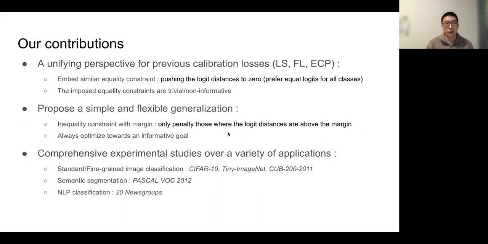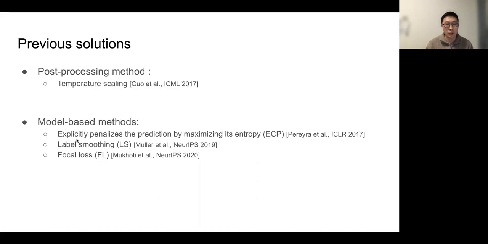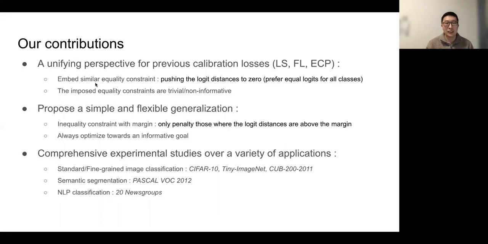And here are our contributions. Here we find that actually all three popular model-based methods are connected, and they are very similar. So we will provide a unifying perspective for previous calibration losses, and they approximately embed a very similar equality constraint that they try to push the logit distance to 0.